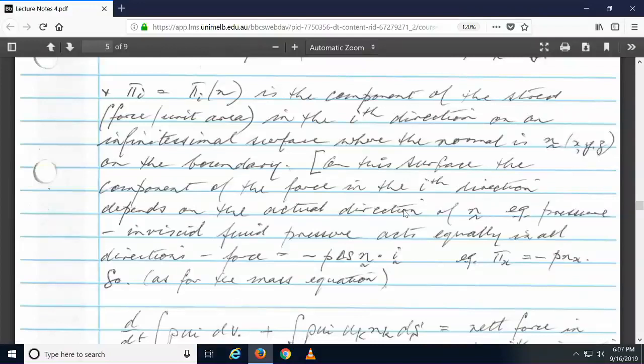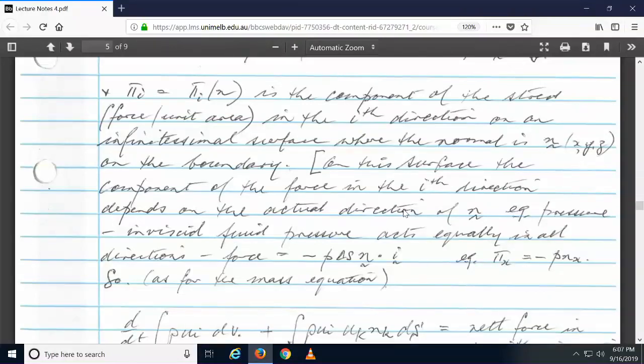So here's the normal n, and the pressure acts equally in all directions. So from this fluid out here acting on this surface, the force will be the pressure times the area, so that's P delta S. And what will be the direction of the force? Minus n. And that would be the force that would act.